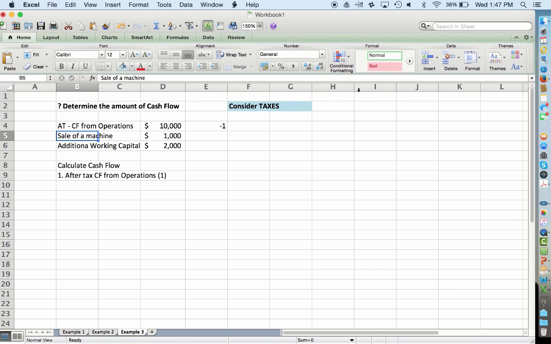Then we take our working capital requirement. Okay, so WC equals working capital. And then the third, we take the after-tax gain on the sale, or loss if we've sold it at a loss.